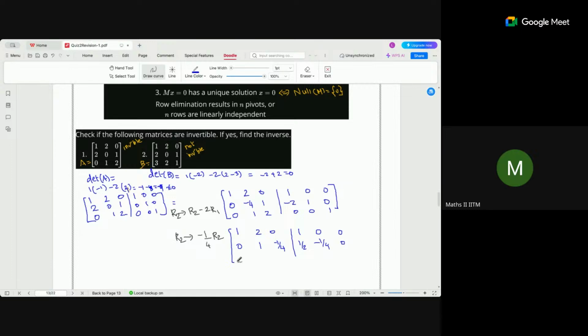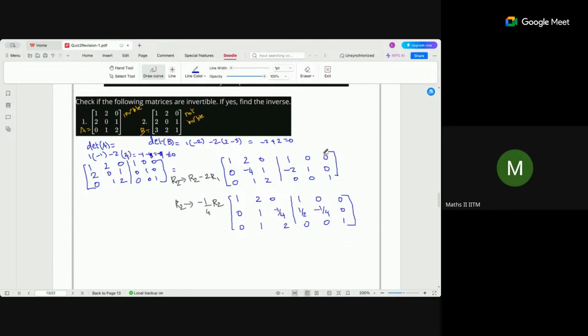Fine. And then the last row is 0, 1, 2, 0, 0, 1. Now what is the row operation we need to do next? R3 replaced with R3 minus R2. Right?